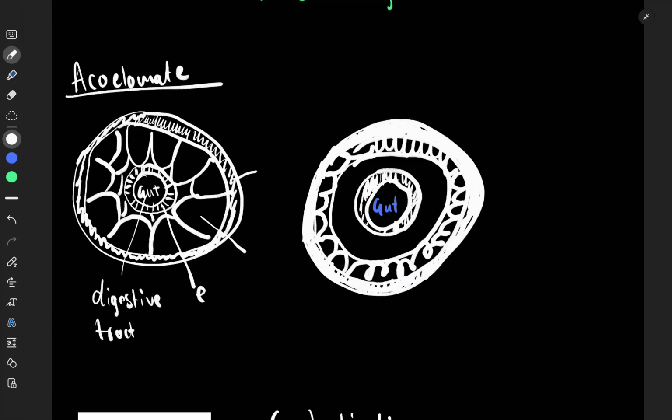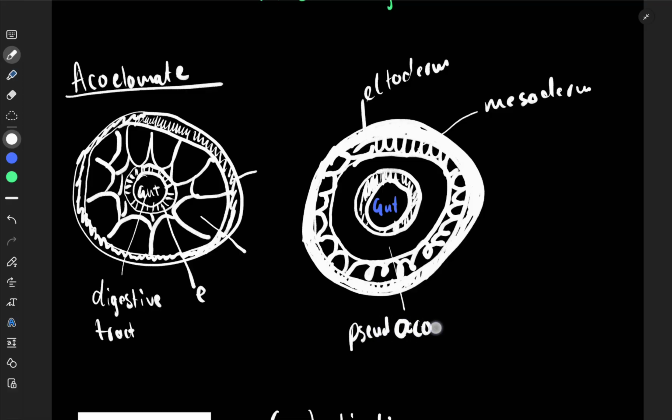And then, so I was just trying to show you how to draw. This becomes the ectoderm. The one outside is the ectoderm, right? Then what do we have here? Mesoderm. Then what do we have here? The cavity, the pseudocoelom. And then here we have the endoderm and then the gut. That's all. Then we do the last one.